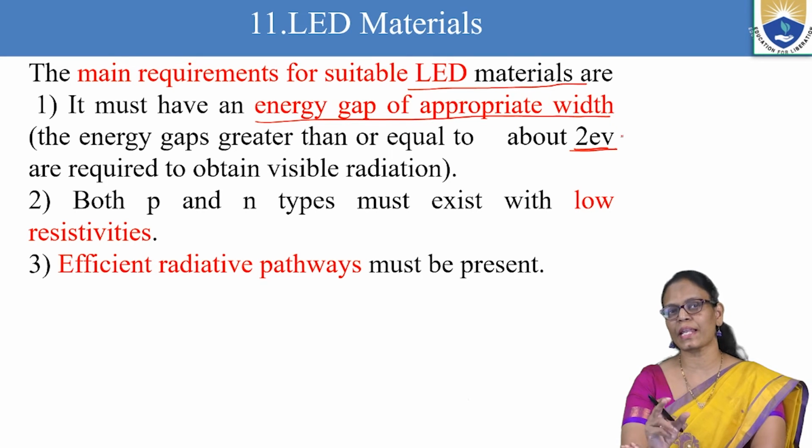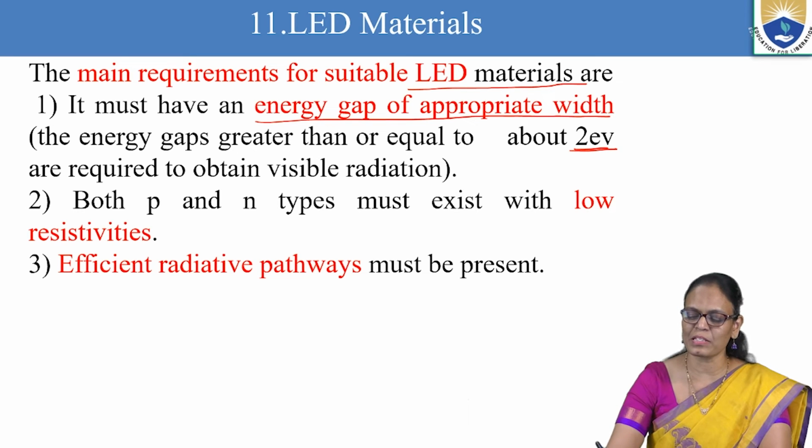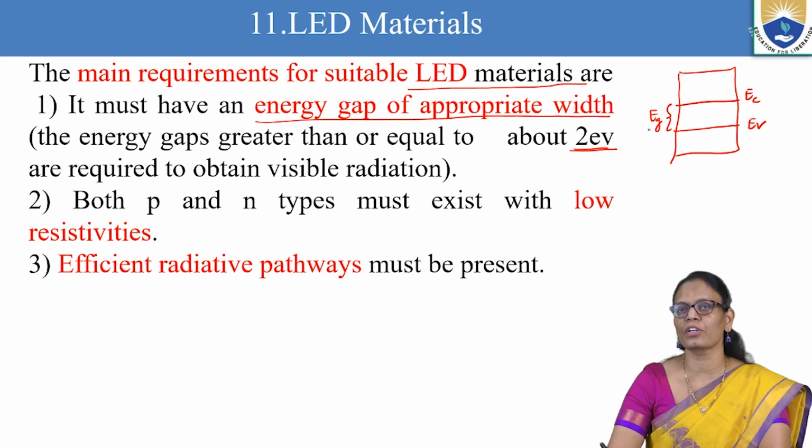The energy gap is the gap between the lowest level in the conduction band and the topmost level in the valence band. So it should be of the order of 2 electron volt.